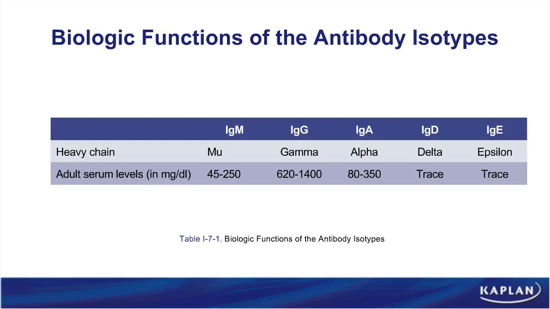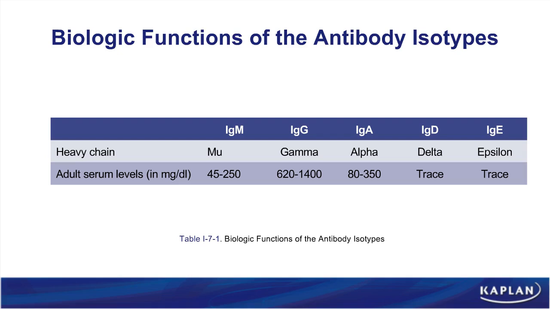All right, finally, just to summarize this chapter, we have a nice little table that gives you an overview of all of the different antibody types: IgM, IgG, IgA, IgD, and IgE. It reminds you what the exon name is for each of those constant regions, and the approximate levels in the serum.